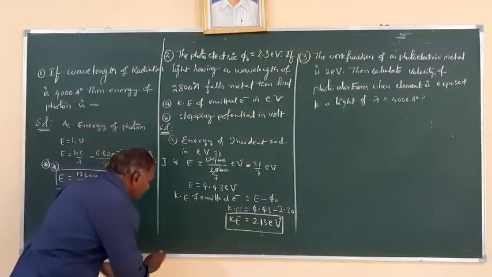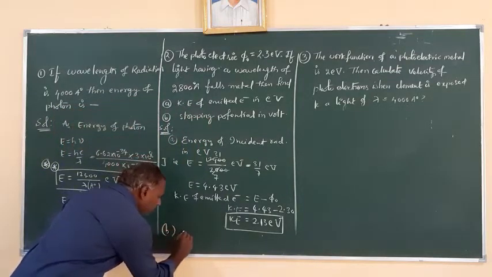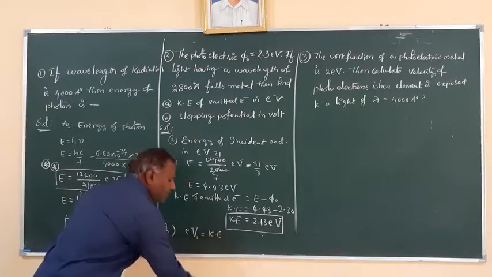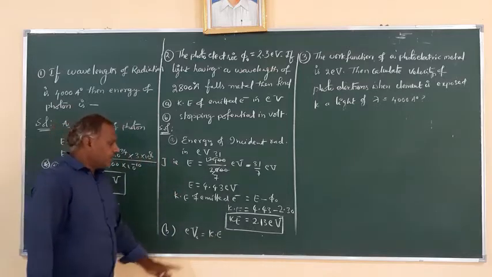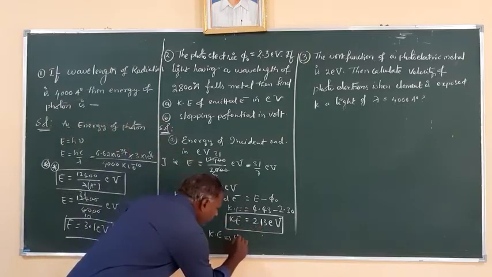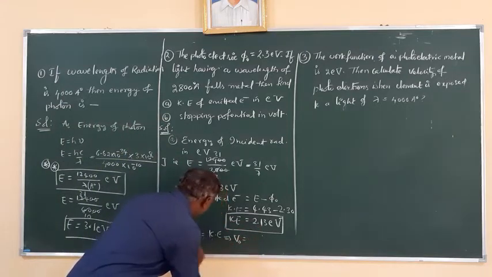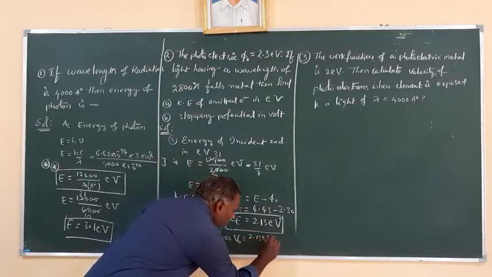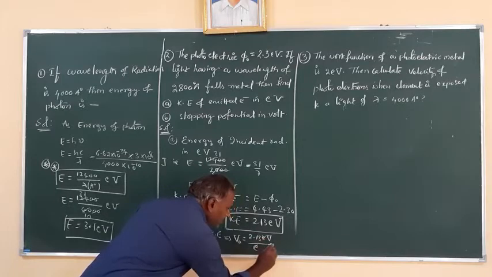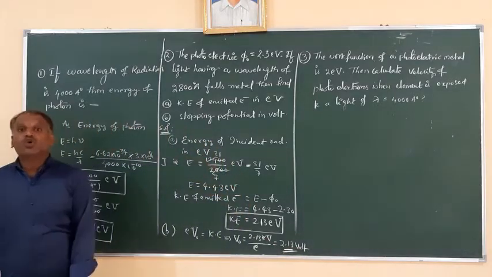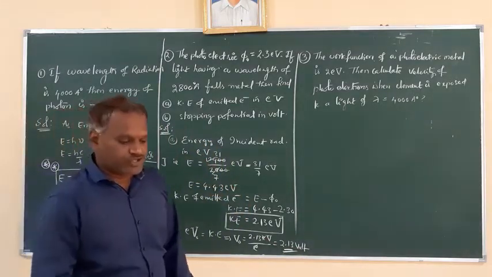So for the second part, E times V naught, the stopping potential, is equal to the kinetic energy acquired by the electrons. Already the kinetic energy is calculated, so V naught is equal to kinetic energy upon E. The kinetic energy is 2.13 electron volts upon E. E is cancelled, and you get 2.13 volts. So 2.13 volts is the stopping potential.